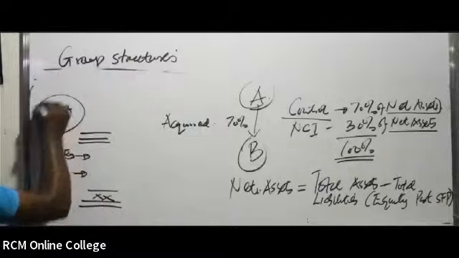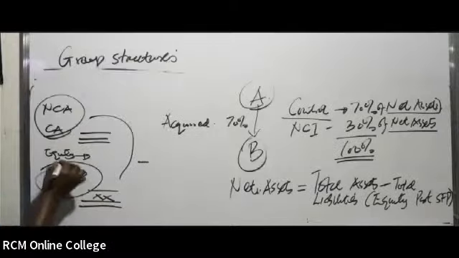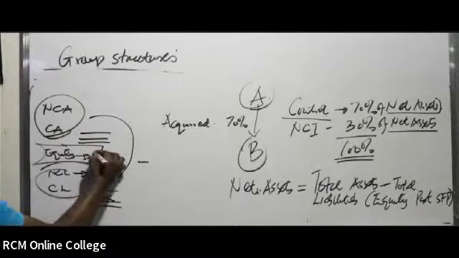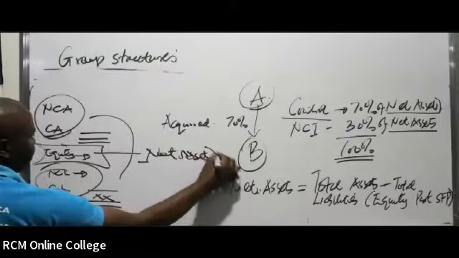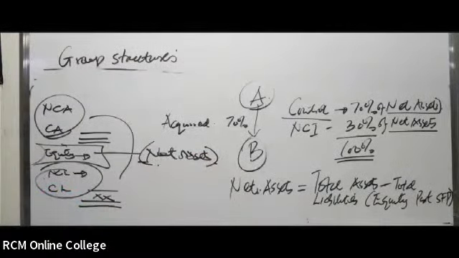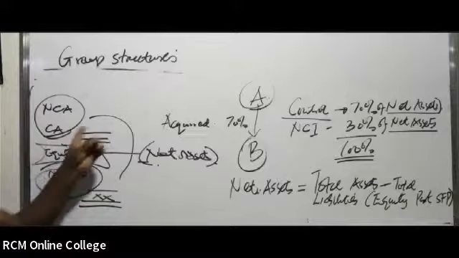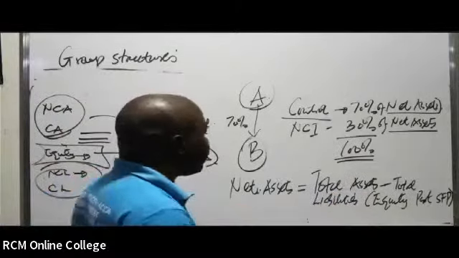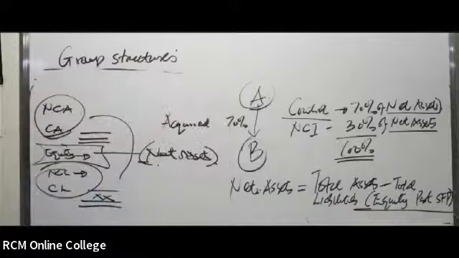So if we take these ones, we minus these ones, we remain with this. So this is the equity, the net assets. These are the net assets that are acquired into by the parent company. So when you take total assets minus total liabilities, you remain with the equity part of the statement of financial position.